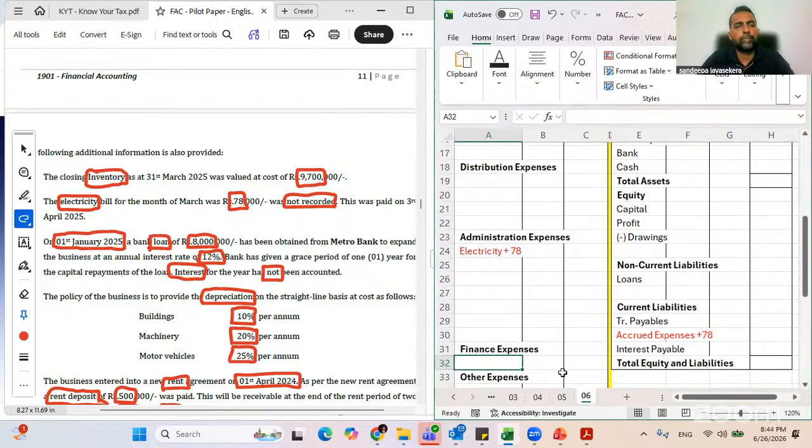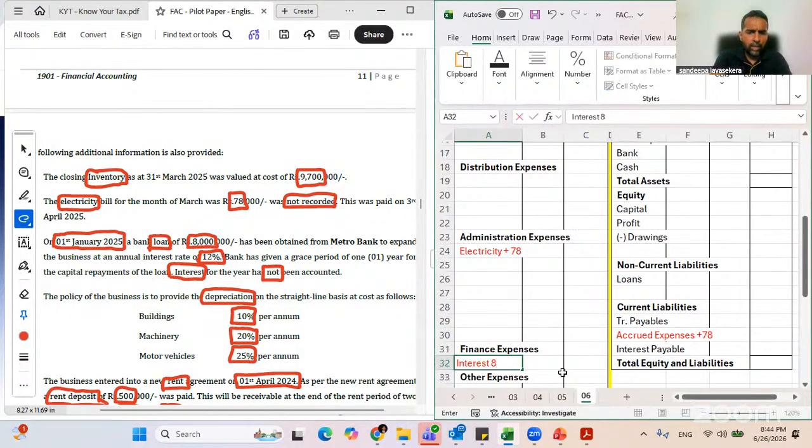Right. The third one, you have taken a loan on 1st of Jan. So you are not supposed to pay the loan installments, capital repayments are not required for 1 year because you have been given a grace period. But you need to account for interest. How much is the interest then?